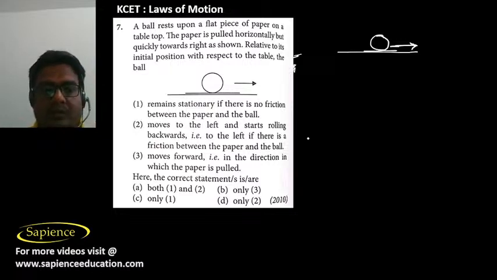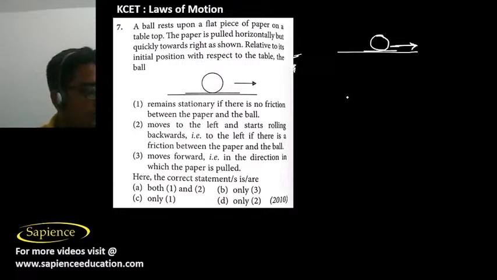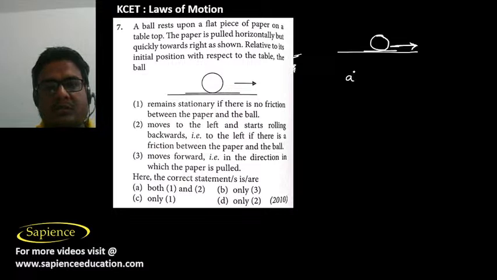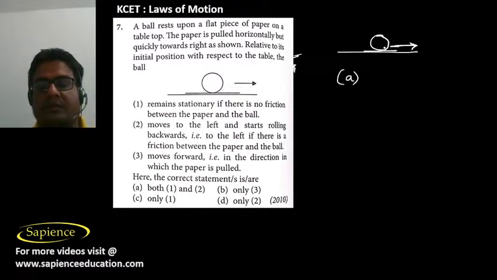Here the correct answer is option A. Why? If there is no friction, then it will not start rolling. So it will remain stationary if there is no friction between the paper and the ball.